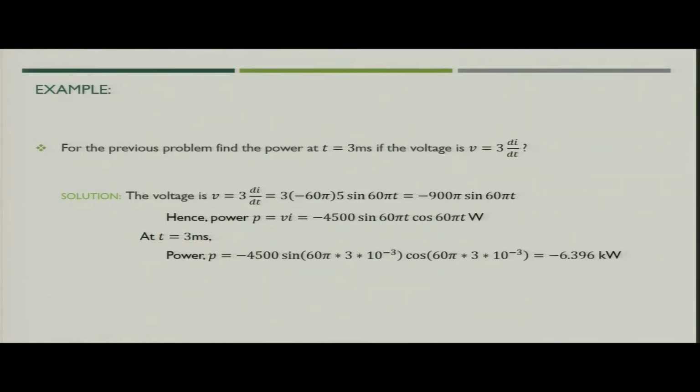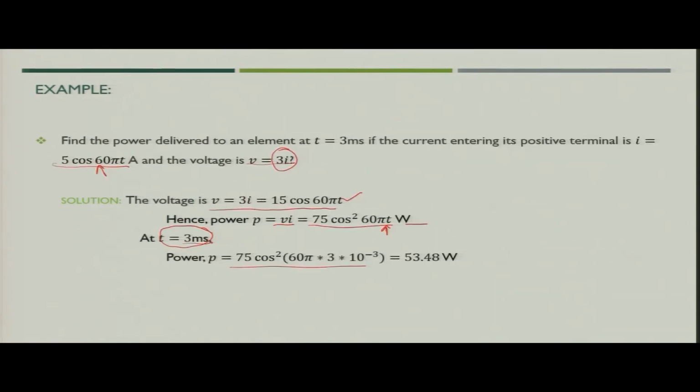Now, if in the previous problem the voltage is given like 3 di by dt instead of 3 I, and other things are the same and time t is again equal to 3 millisecond, how will you calculate? The voltage value you have to find out by simply differentiating the value of current I. The current I which we saw in the previous example was 5 cos 60 pi t.